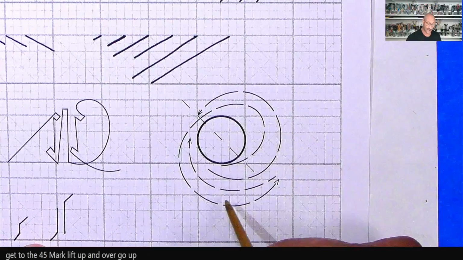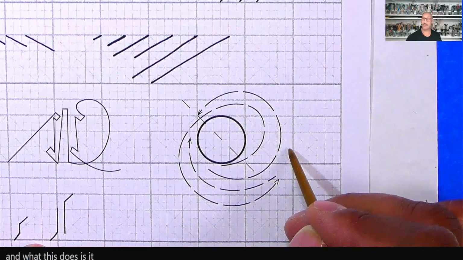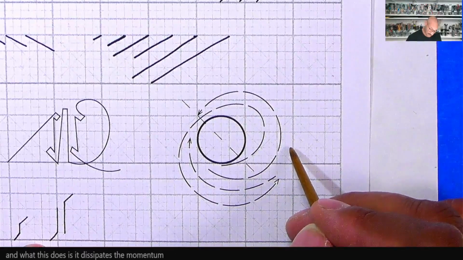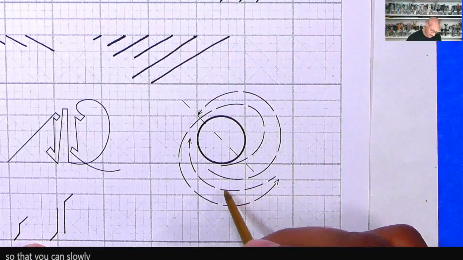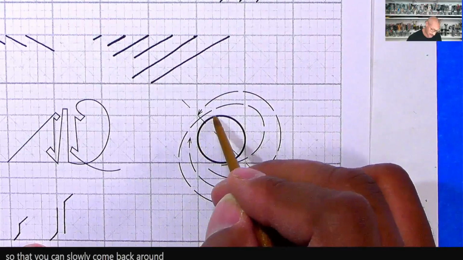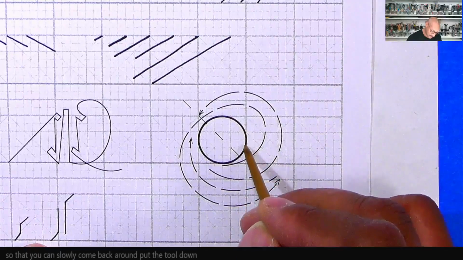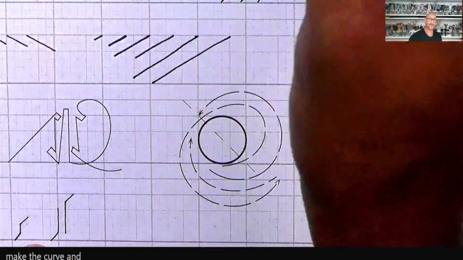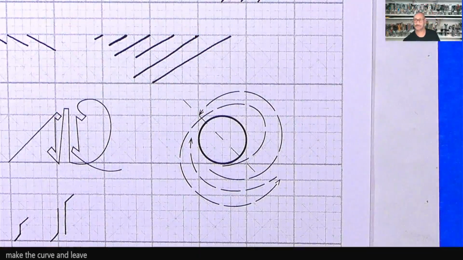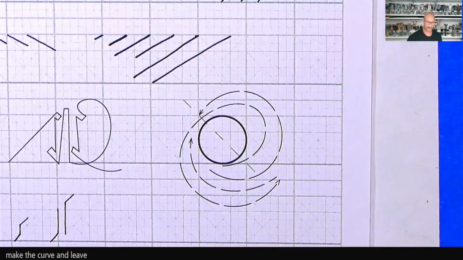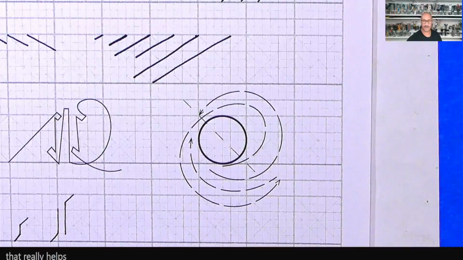And what this does is it dissipates the momentum so that you can slowly come back around, put the tool down, make the curve and leave. So that really helps in understanding how these shapes are constructed.